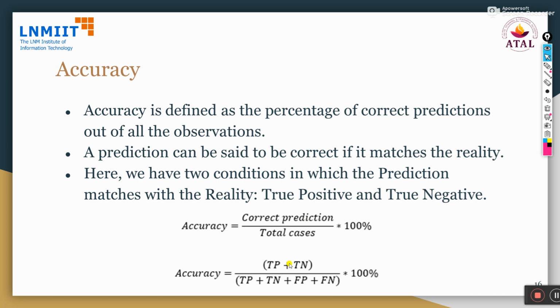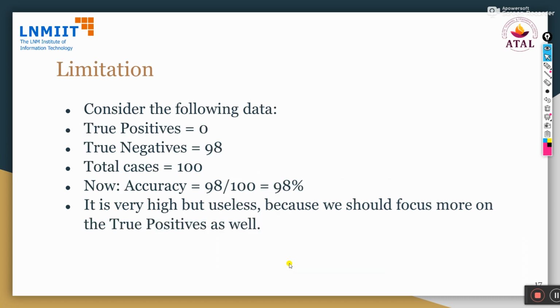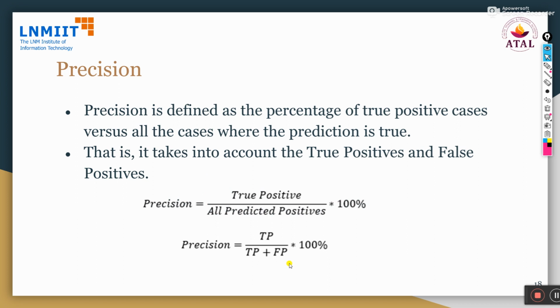So that is how much time my system predicts correctly, which is the accuracy. But sometimes we don't need accuracy, we need precision. Mechanical people understand this.